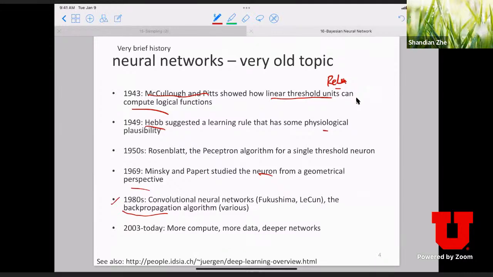And then in the 1990s, because of the invention of support vector machines, neural networks went down again, and people switched to support vector machines.